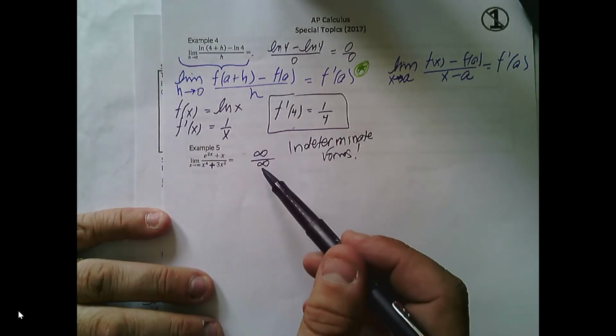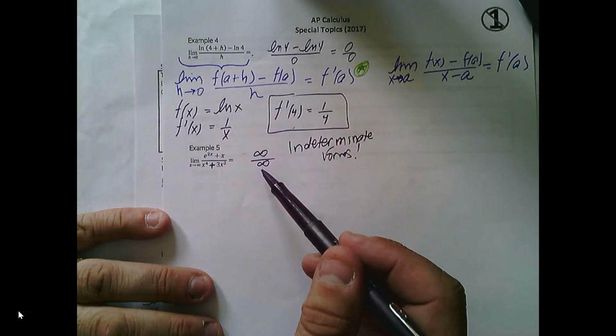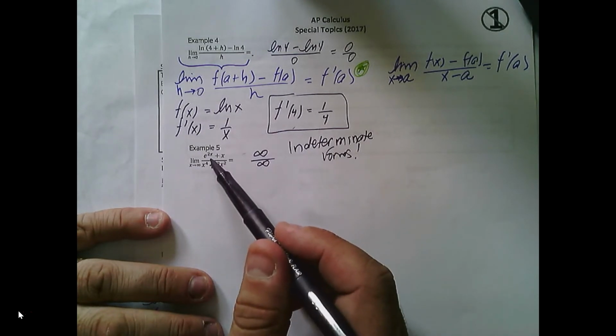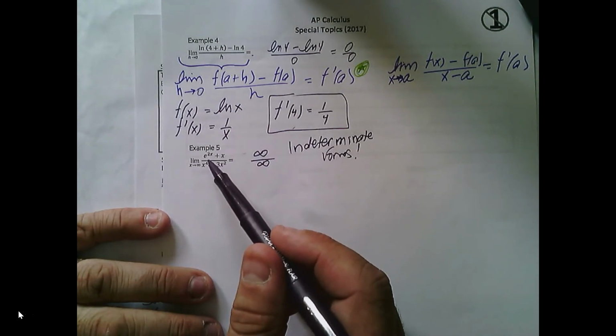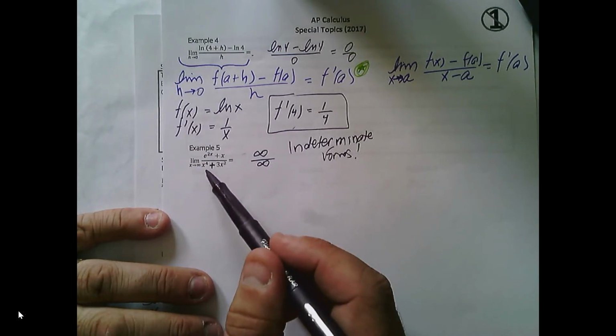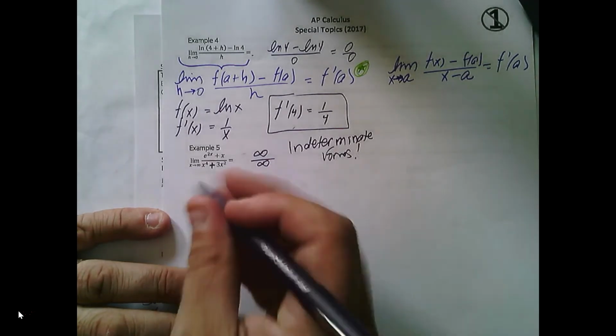The key to this problem has to do with growth rates. The numerator involves an exponential. The exponential functions grow faster than anything else. The denominator is a polynomial, specifically a polynomial of degree 4.